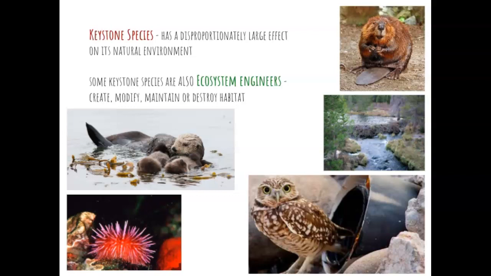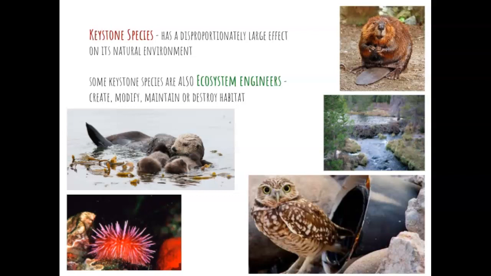Sea urchins are herbivores that actually eat kelp, which is essentially like seagrass. And so the idea is that the sea otters keep the sea urchin numbers in check, which then keeps them from overeating the kelp forests in the ocean.